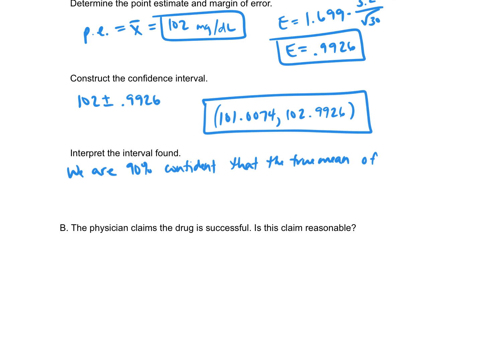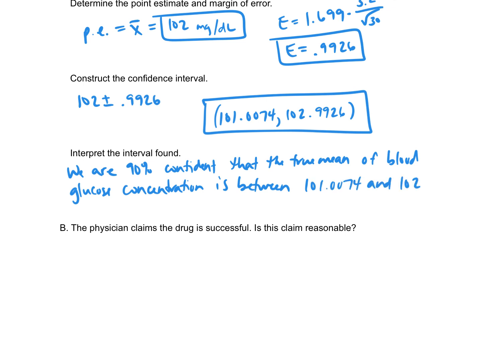The blood glucose concentration is between 101.0074 and 102.9926. So that is the wording you use to interpret your confidence interval.